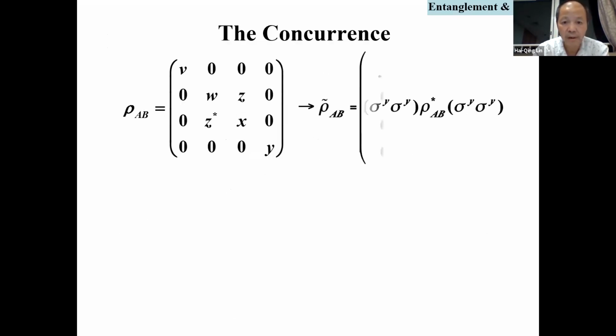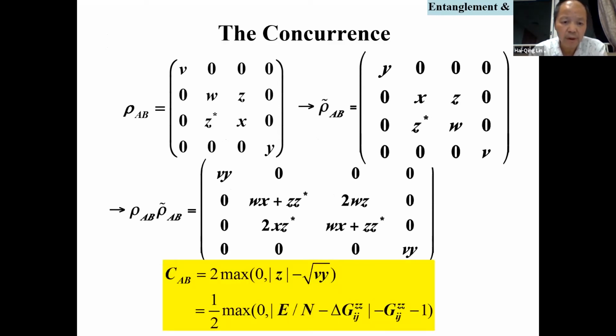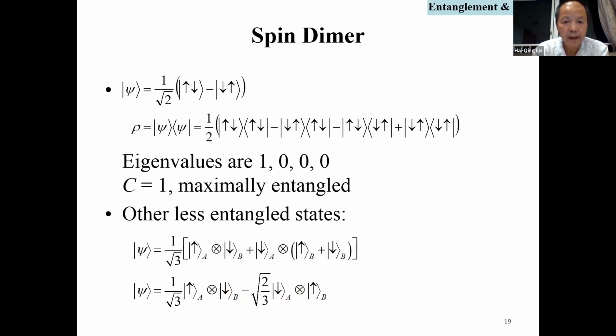If you work on a spin system, you will find that it also connects to the ground state energy and correlation functions between subsystems A and B, as shown here. If you look at the spin dimer, you immediately calculate and find the concurrence is 1.